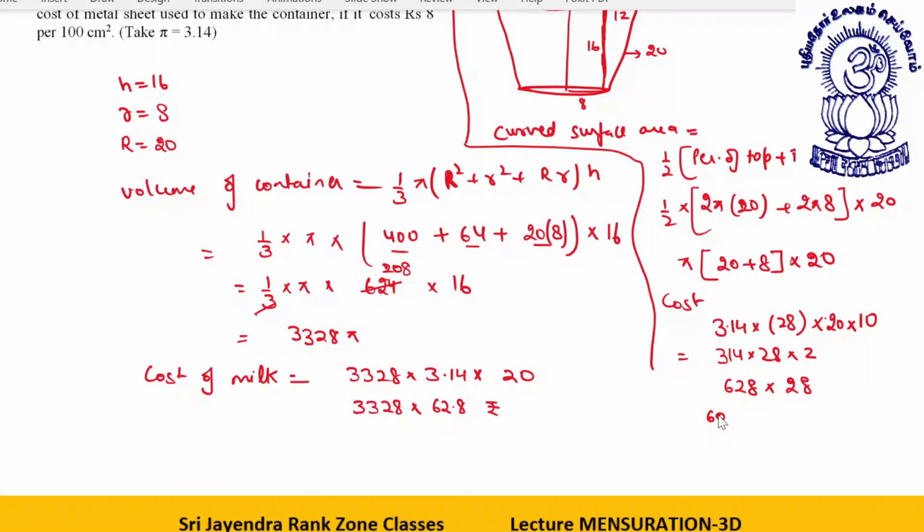How come? 600 into 28 plus 28 into 28. 28 square is 784. 6 into 28 will be 140 plus 28, 168, 00. So you can say this is 17584 rupees. This is the answer. Okay, dear students. Fine. Clear to all of you?